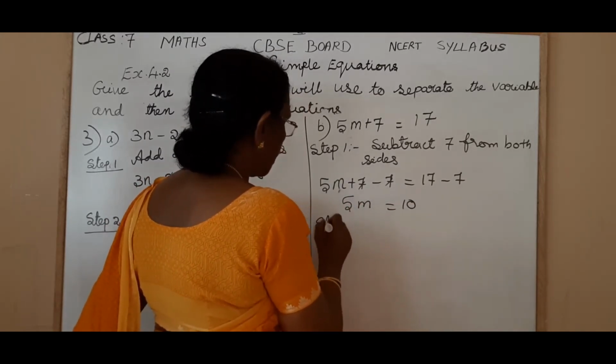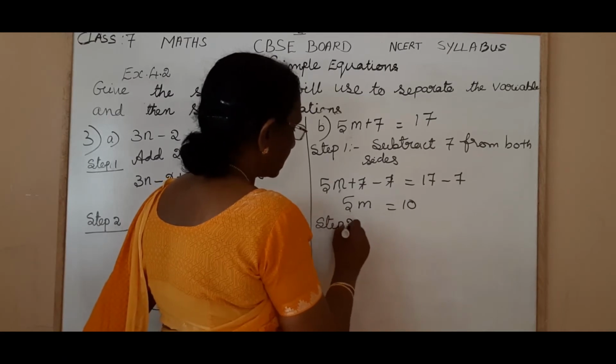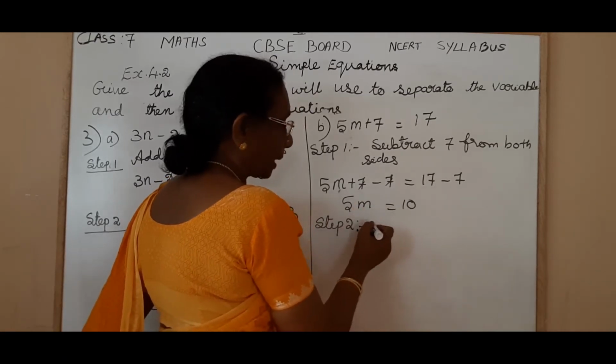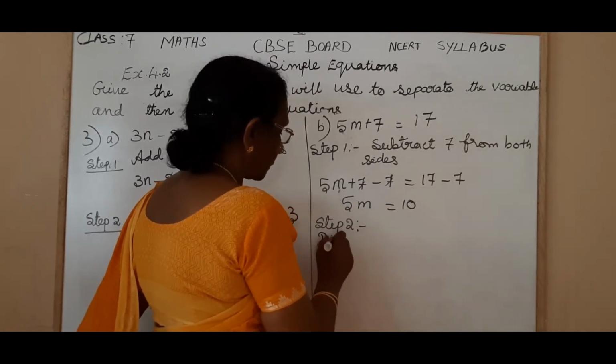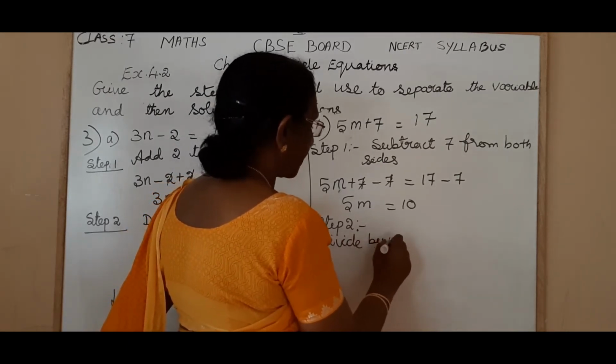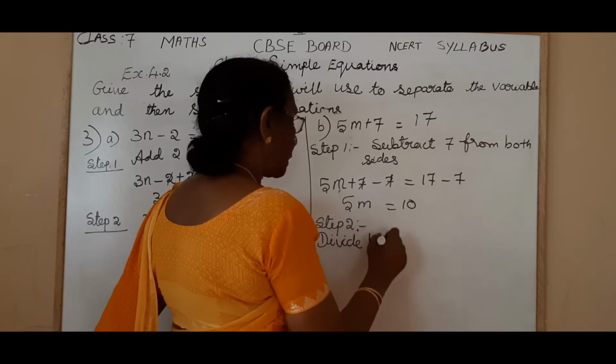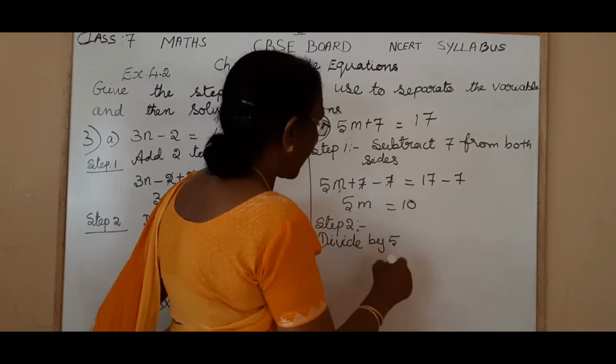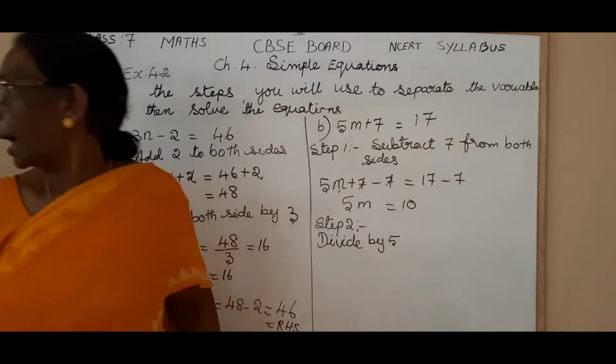Now step 2. Here it is multiplication. So the opposite is divide. By what number? You have to eliminate 5. So divide both sides by 5.